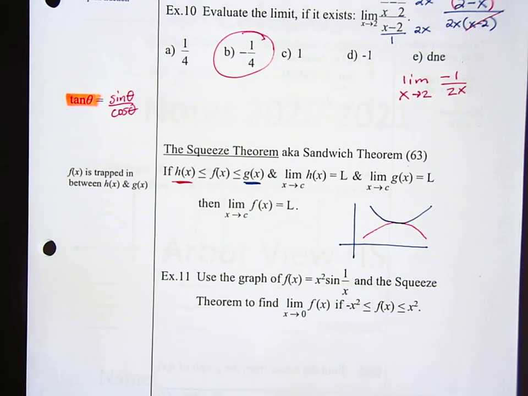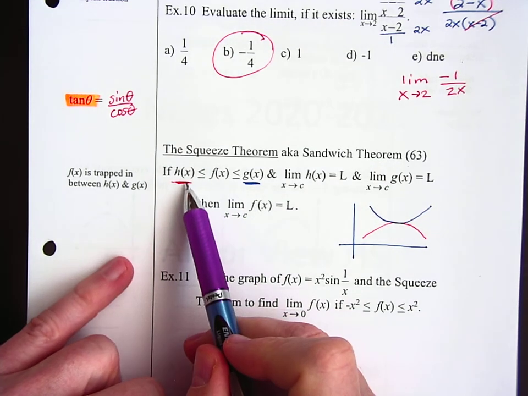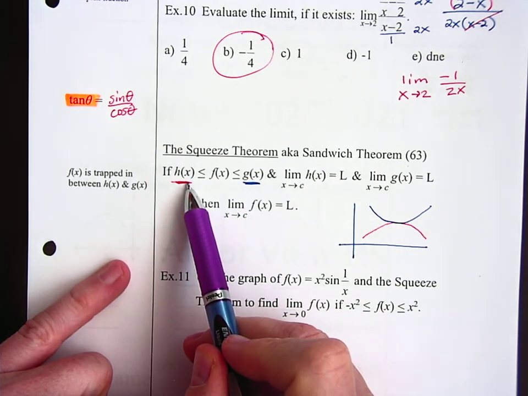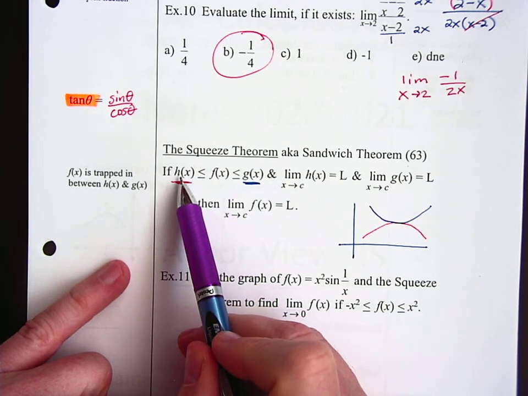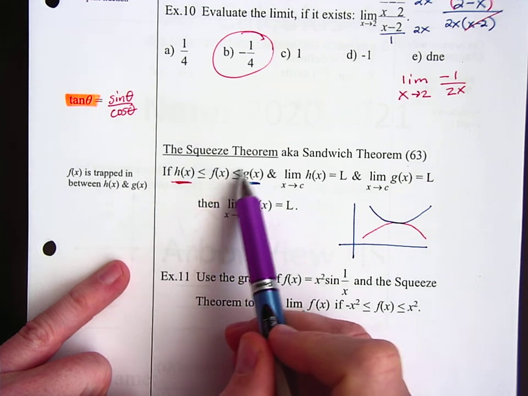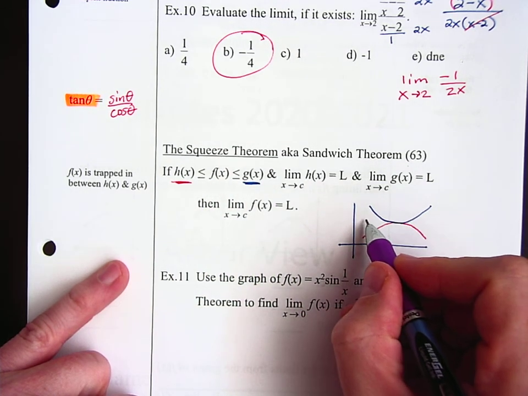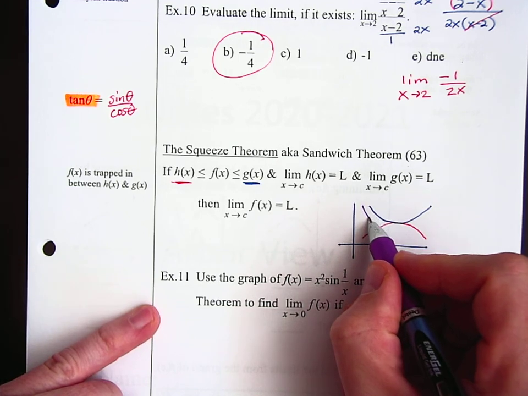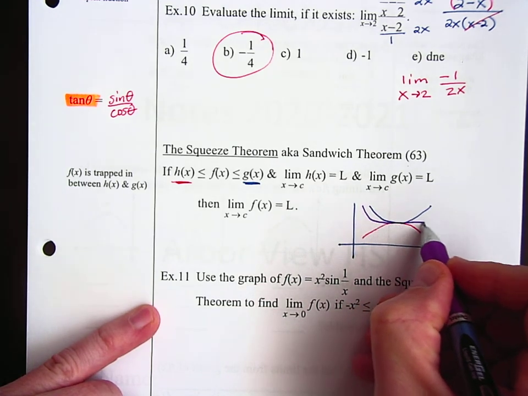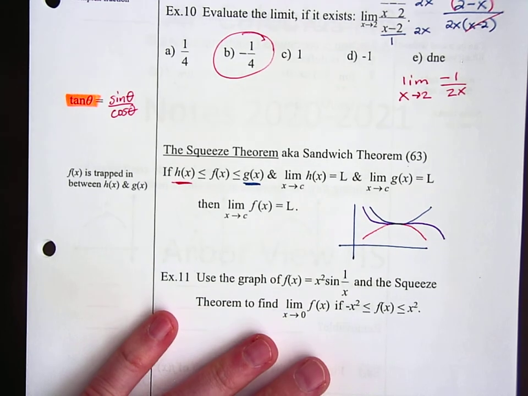Something like that. Okay? And we have a third function f that is always more than or equal to h, but always less than or equal to g. So that means it's somewhere in between there, or it can be equal. So let's say it's going down like that. Okay.